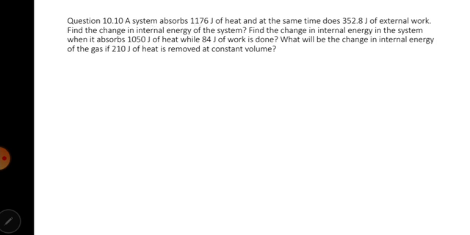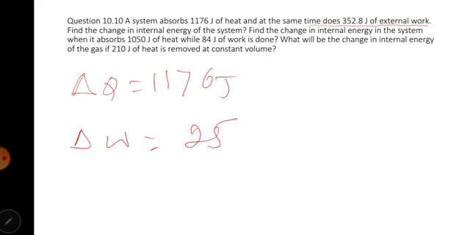A system absorbs 1176 joule of energy. So del Q is equal to 1176 joule. At the same time, work is done: del W is equal to 352.8 joule.